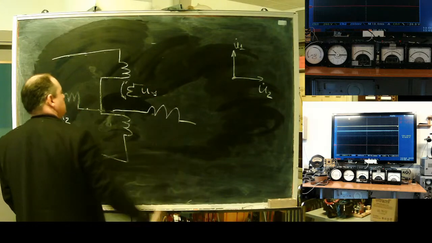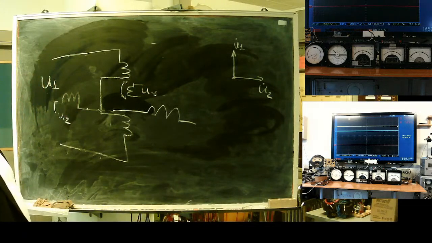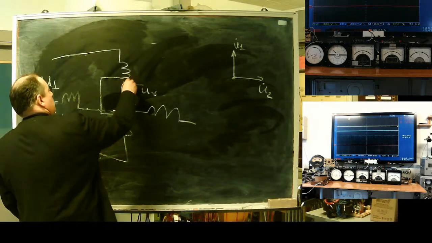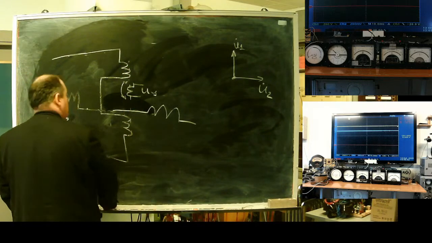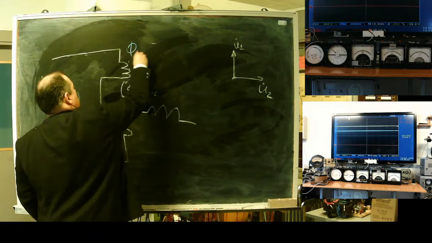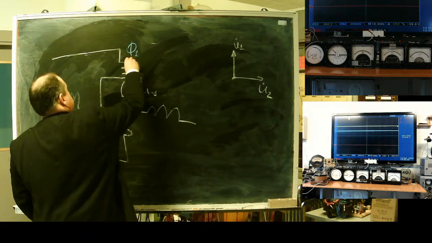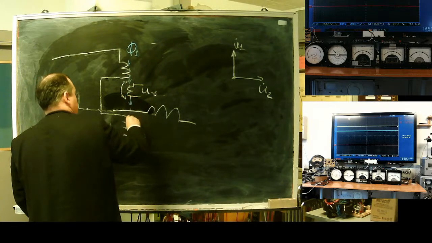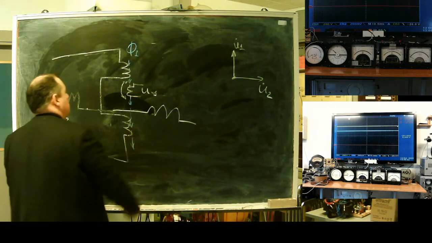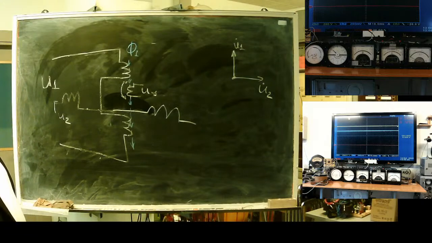Let's say it produces voltage out of voltage. As I draw, it is coupled with the magnetic flux, let's say magnetic flux Φ1.